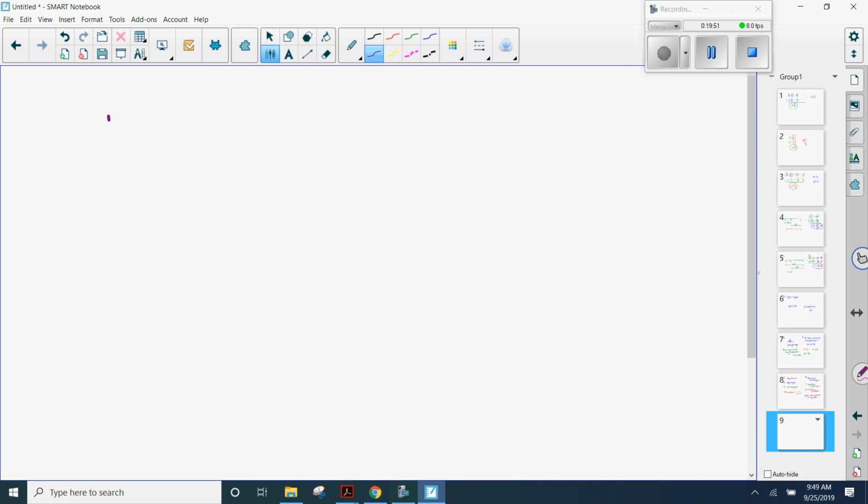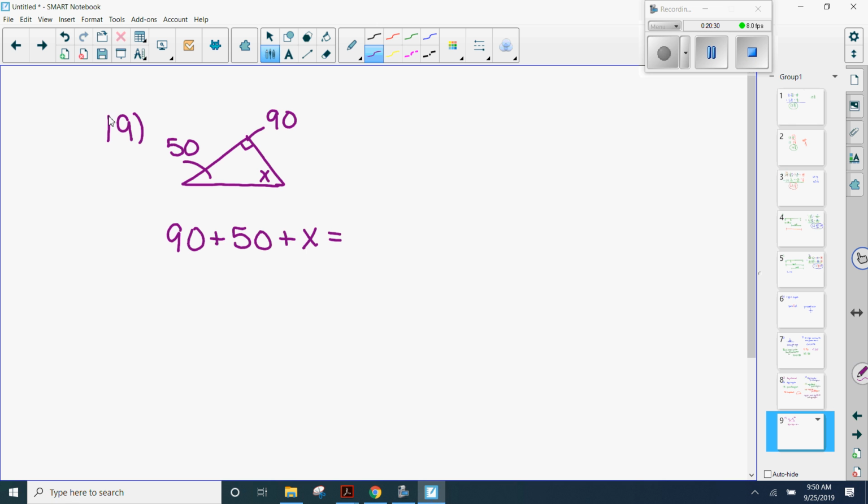Number 19. This right here has a box in it. How many degrees is that? 90. So I know that this is 90 degrees, and this angle here is 50 degrees. I take 90 plus 50 plus angle X. If I add all the angles in a triangle together, it equals how much? 180.